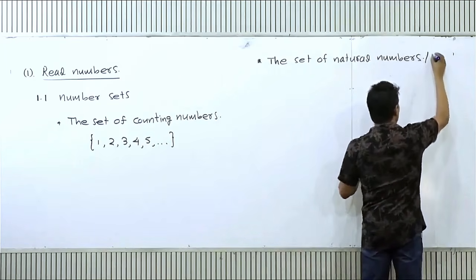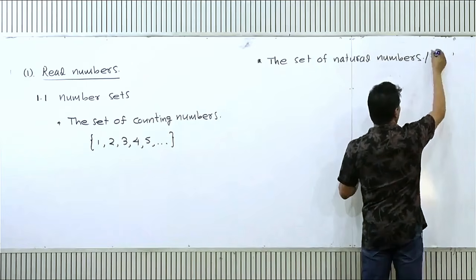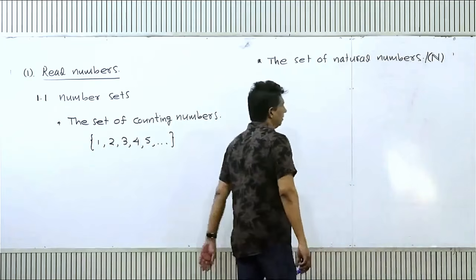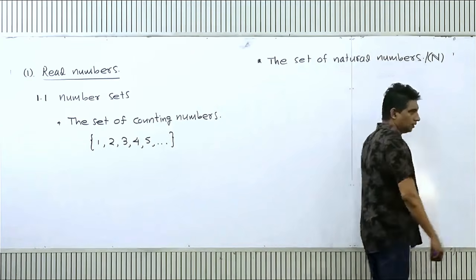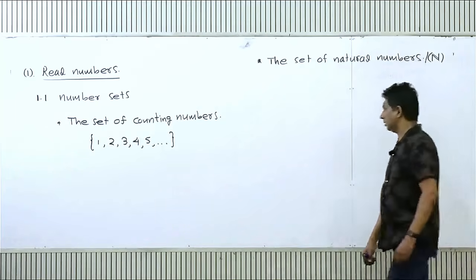Here we write a capital N, but it is somewhat different. We have to double this angle line, right? This is the notation used to denote the natural number set.